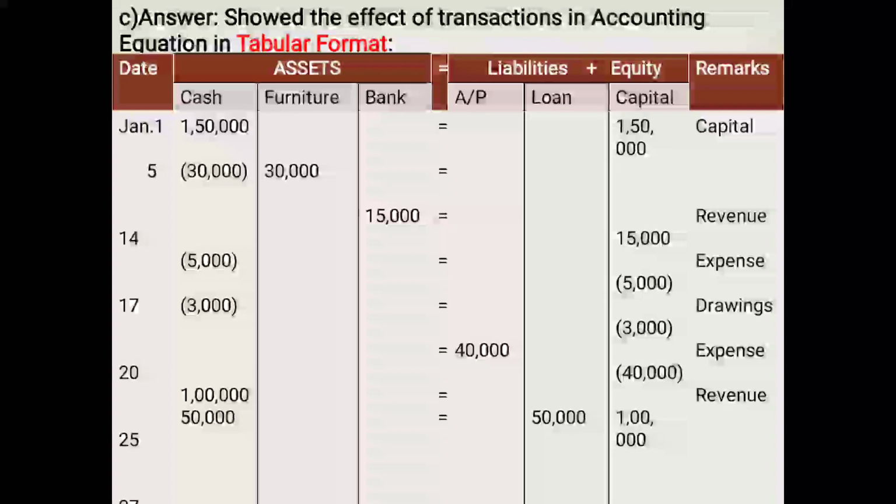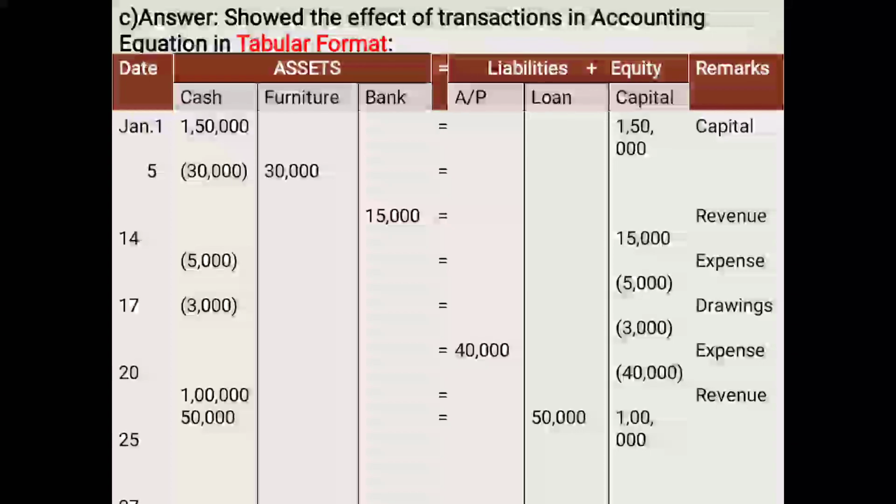January 1. The first transaction involves the cash and capital accounts. You have already shown in requirement B, cash and capital. Cash increases, so in the cash column, 1,50,000 plus, that is the increasing amount, and also the same increasing amount for capital.